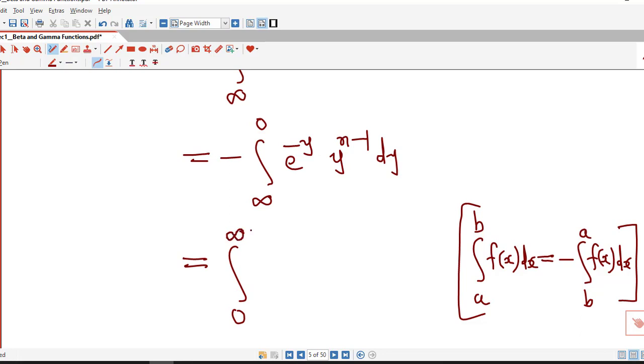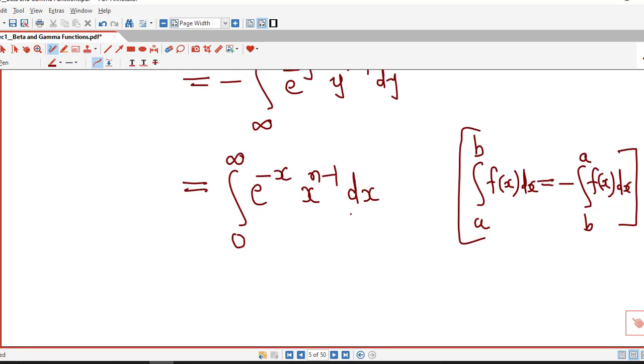If I change the limits, I will have 0 to infinity, and I replace y by x. It is a dummy variable, so it does not matter whether I write x or y. So we obtain here, this is nothing but the gamma function of n, and this is what we wanted to prove.